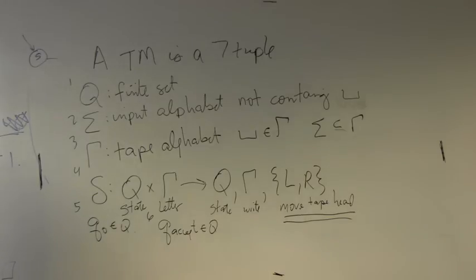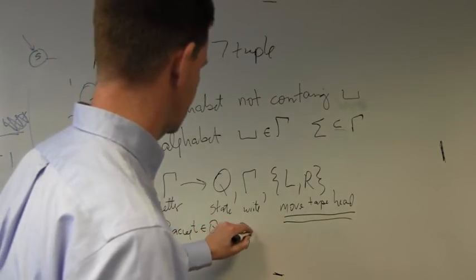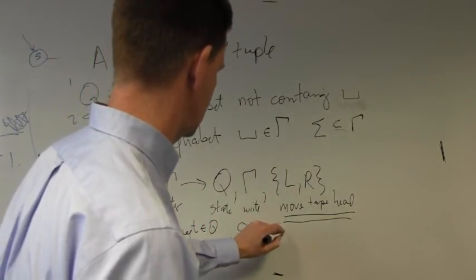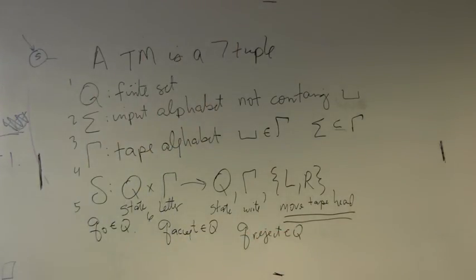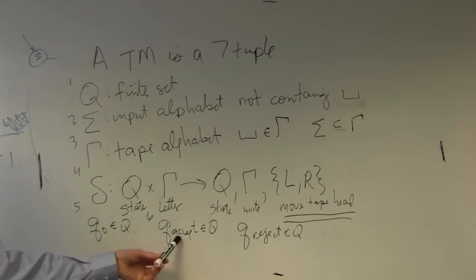So the final thing we need is Q reject. Q reject is a member of the states, and it's a special state that represents the fact that the machine rejected the input. In a deterministic finite automaton or a push-down automaton, we implicitly got rejection by saying that I'll tell you what the accept states are, and if it ends in any other state, then it rejected or didn't accept.